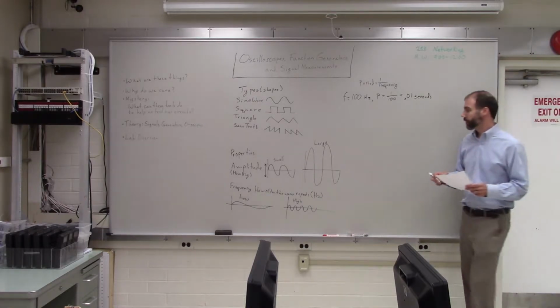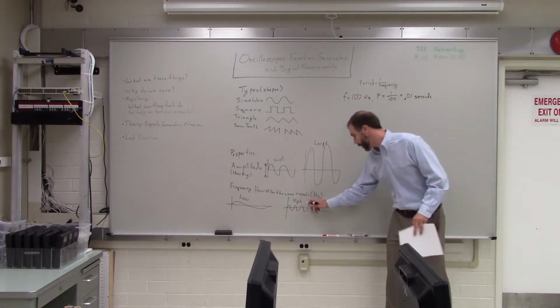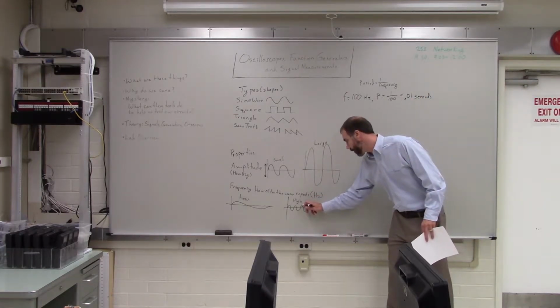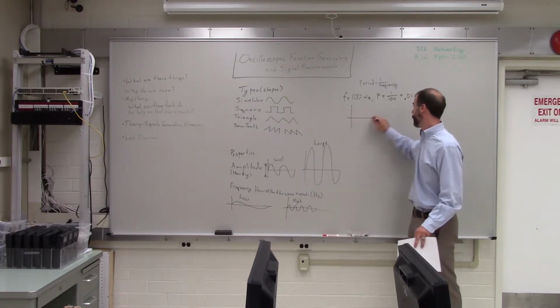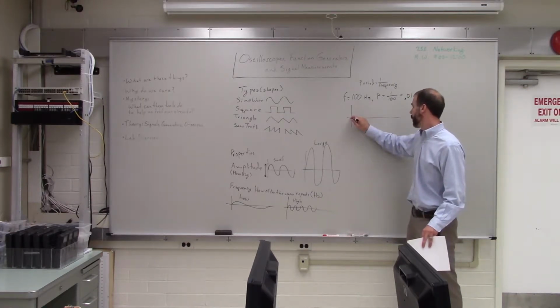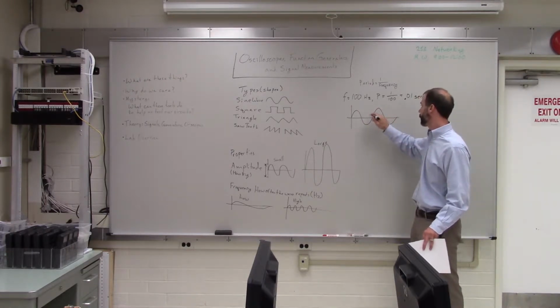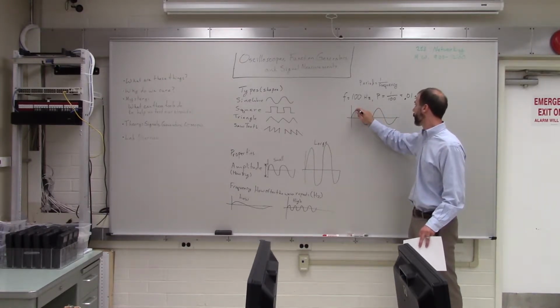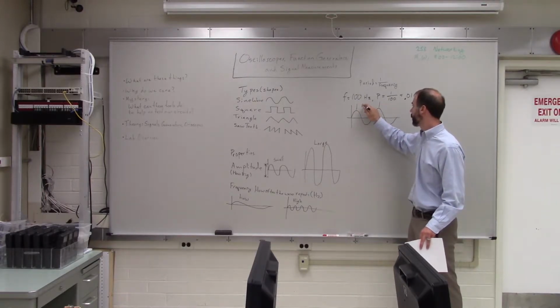Yeah, that's a great idea. So the period is the amount of time from one spot on a wave to the same spot on the next wave. So from there to there, for instance.